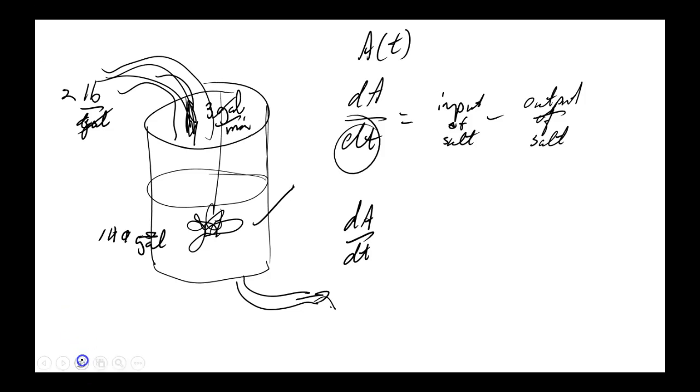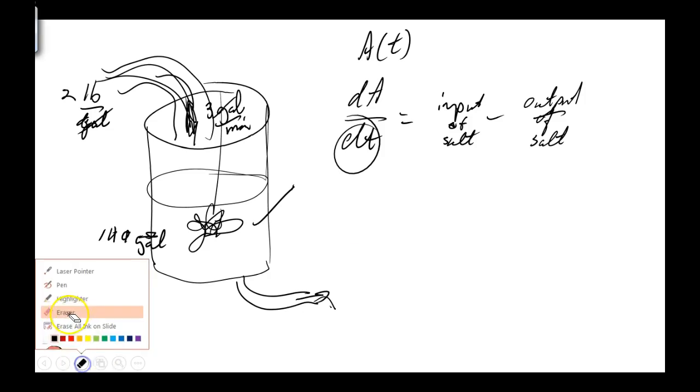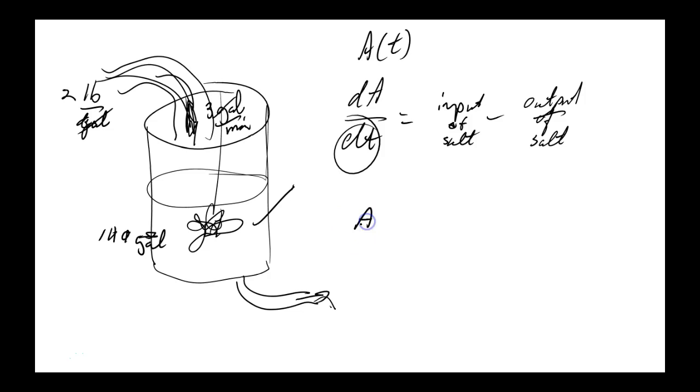Let me clean that up a little bit. The amount of salt in the tank, this is the amount at any time t, so A of t, divided by 100 gallons, because that's the total in the tank at any time t, because the inflow is the same as the outflow. So you always have 100 gallons in there.